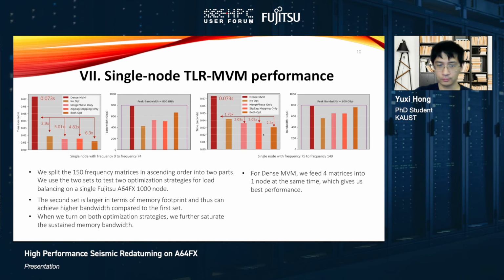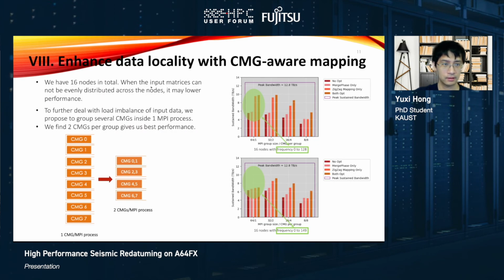Let's look at how we enhance the data locality with the core memory group aware mapping. If you remember, previously we map one MPI process to one core memory group, but we have 16 nodes in total. When the input matrices cannot be evenly distributed across the nodes, it may lower the performance. If you look at the right two figures, the first experiment is 16 nodes with 128 frequencies.